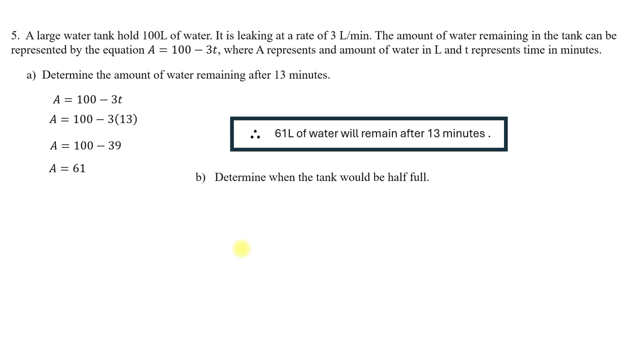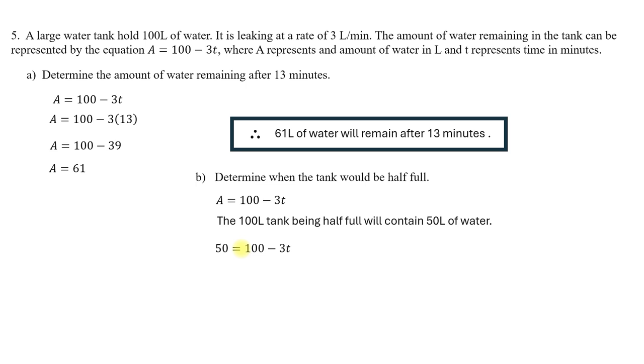Well, the amount of water in a half full tank is going to be 50 liters. 100 liters is the full amount in the tank. Half of that is 50. So we can say that A will start off with a value of 50 equals 100 minus 3t.